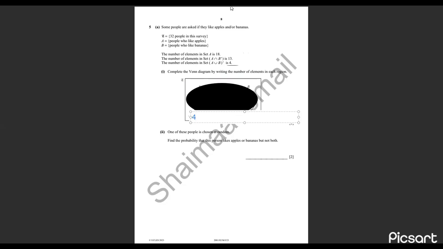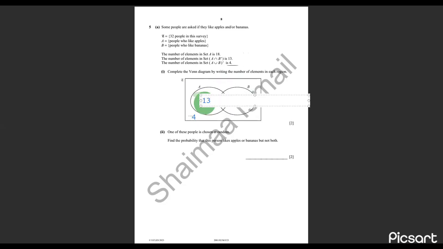Okay, let's complete. Here is 13, and the number of elements of A is 18. So this whole A is 18, so the intersected part between A and B will be 5. Let's see that there are 32 elements.